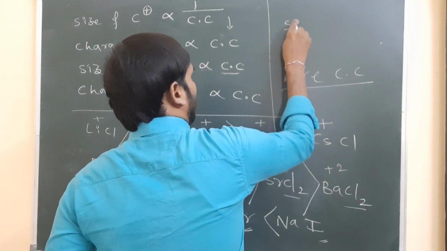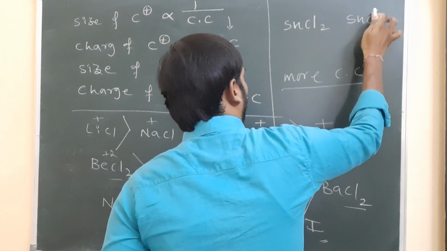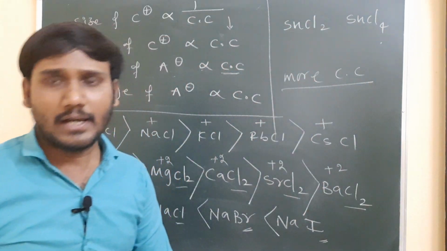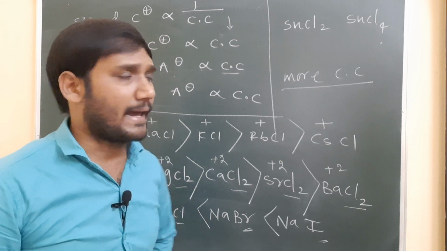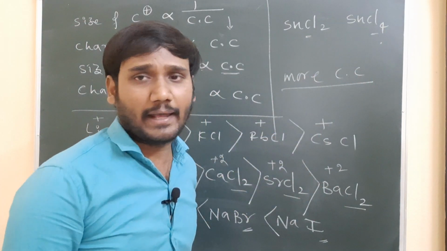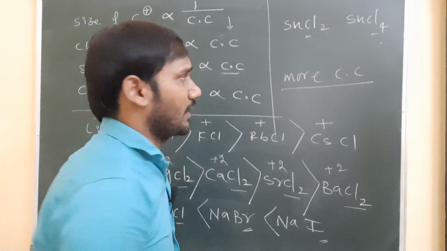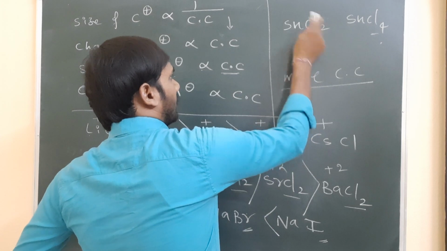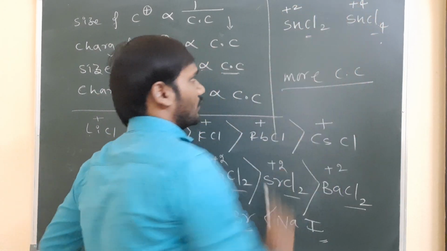For example, I am taking tin dichloride and tin tetrachloride. Which of the following has more ionic character, or which has more covalent character? So let us see. Here chlorine. With respect to chlorine, we cannot explain because it is the same. Next, here tin, there also tin, but the charges are different. Here 2 chlorine means tin charge is plus 2, 4 chlorine means tin charge is plus 4.